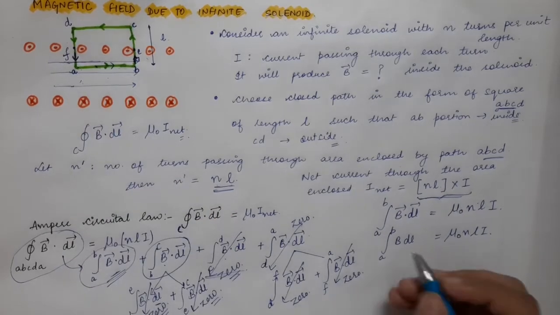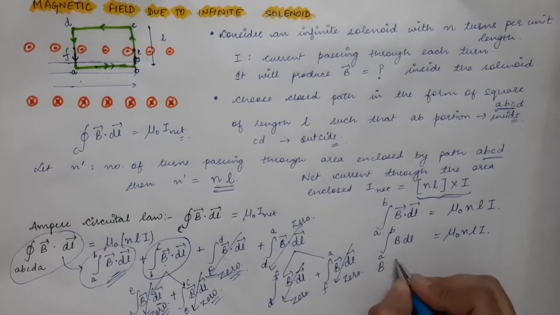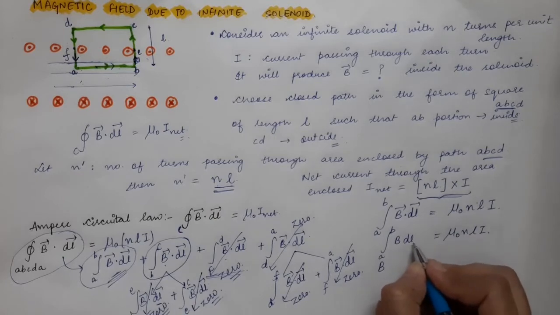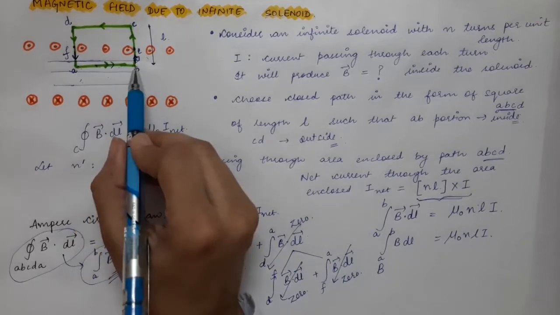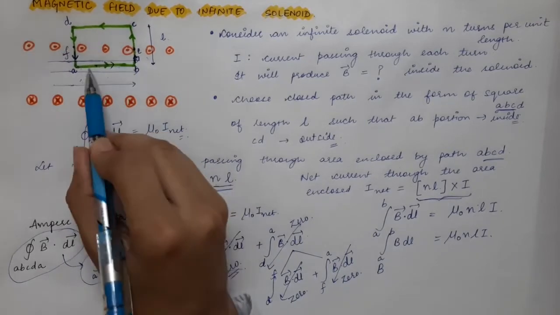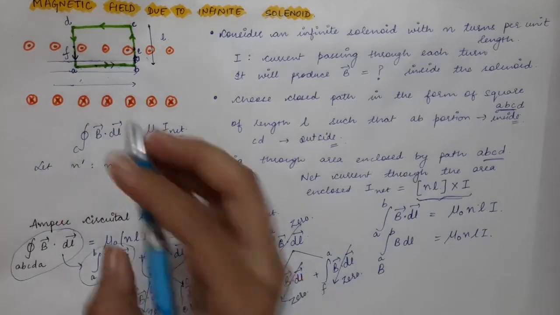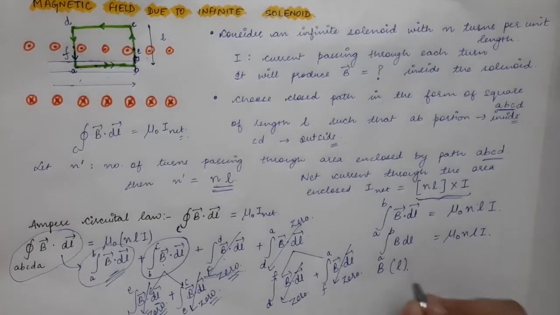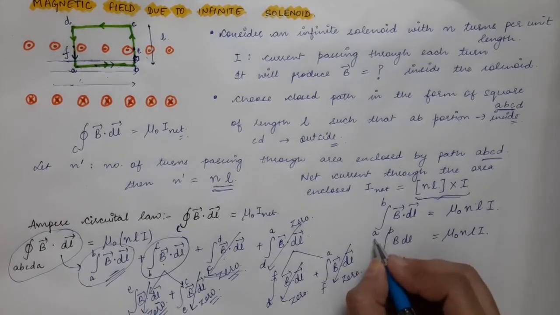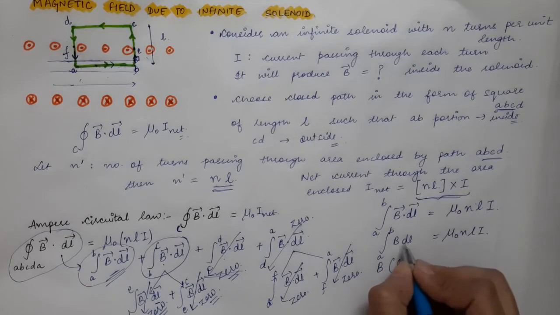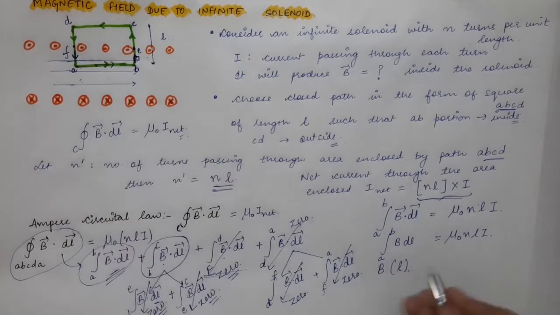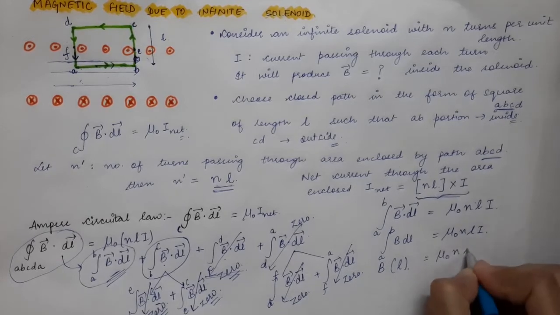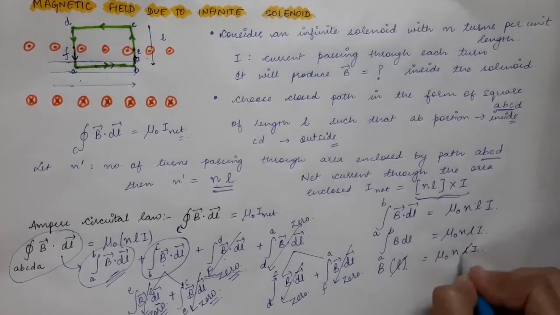So this B can be taken outside, and you will be left with the integral of dl from A to B. So the integral of the length element from A to B will be just equal to the total length from A to B, and that will be just L. So first you will take B outside the integral, and you will be just left with the integration of dl from A to B, and that will be just equal to the length of this path from A to B, and that is equal to mu naught n L into I, and this L will cancel with this one.